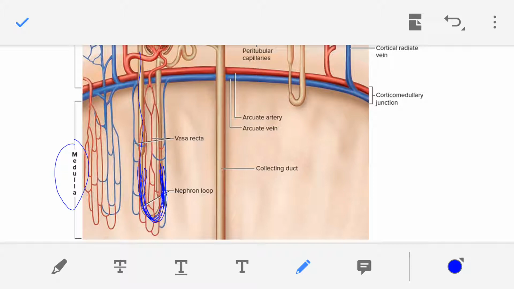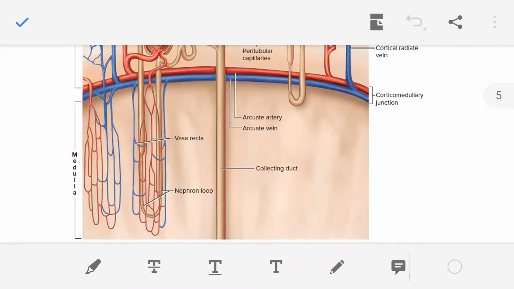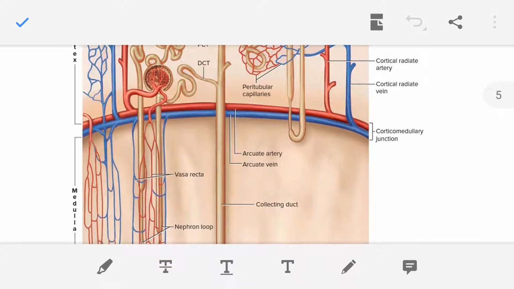Now this tubule is moving up. This is the ascending part, and this is the hairpin-like structure, the U-shaped portion that you are looking at. So we can say the nephron loop, or loop of Henle, is present in the medulla; it is elongated in the medulla.